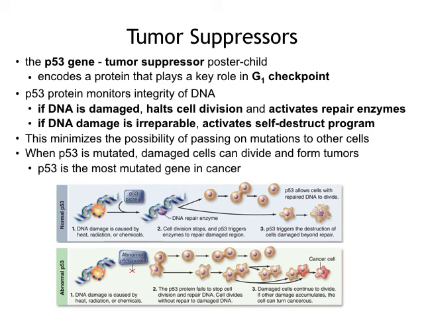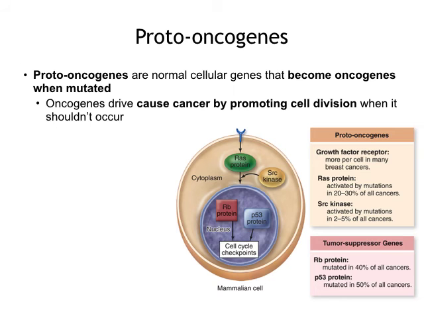And it's interesting because if you look at all cancers, over 50% of these cancers have mutations in P53. And proto-oncogenes, like I mentioned, they're normal cellular genes. They're necessary. They're the go signals.